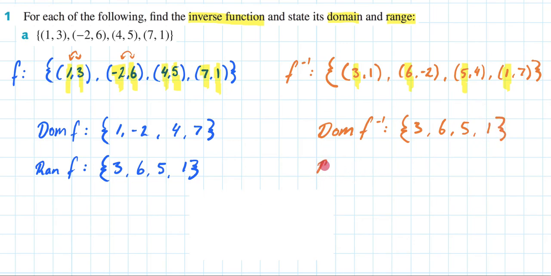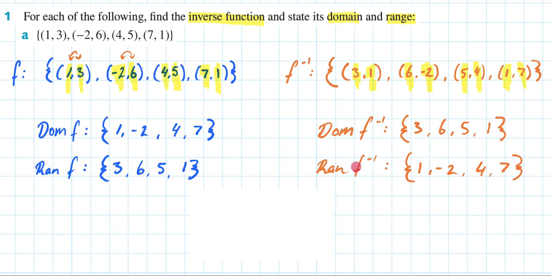Then the range for my inverse function will be all my y values. So it'll be 1, -2, 4, and 7. So that would be your answer: the inverse function, the domain, and the range.